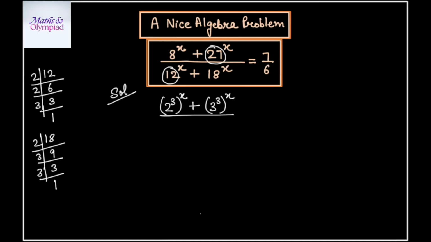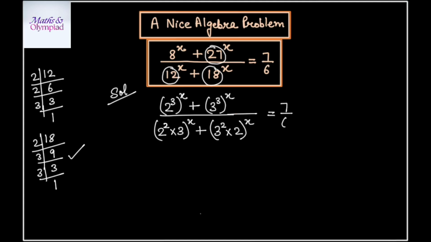So we can write 12 as (2^2 times 3)^x plus (3^2 times 2)^x equal to 7 over 6.